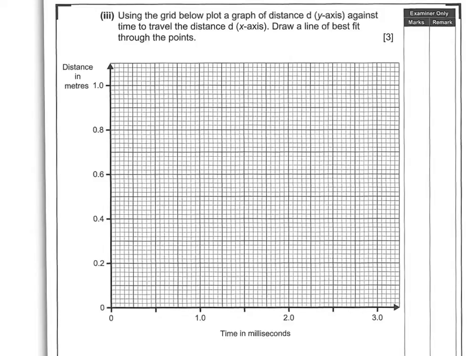Now we're asked to plot the values from the graph, and in particular we're being asked to plot the distance d versus the time to travel a distance d. So it's the third column that we calculated that we're being asked to plot.